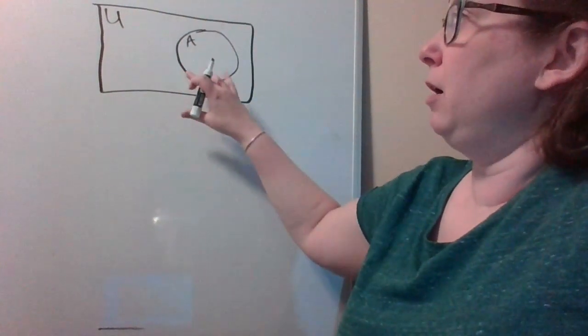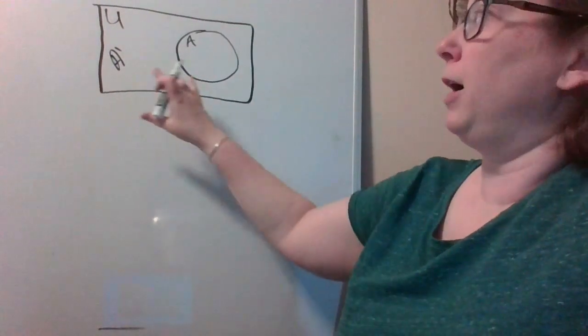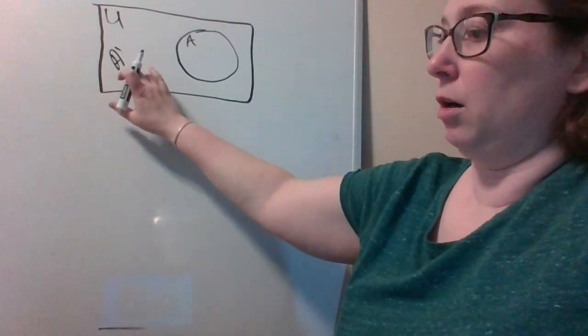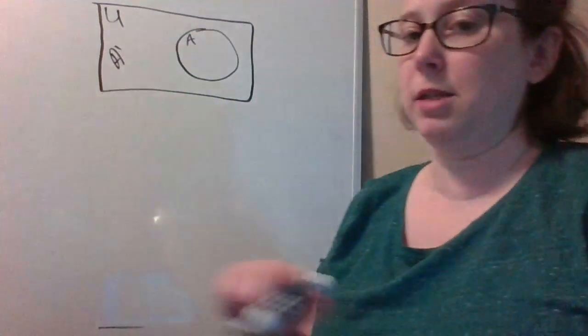Everything outside of subset A would be A prime. So that is going to be our complement of set A. So in set A, they have asked us to put all the chess pieces that can move side to side.